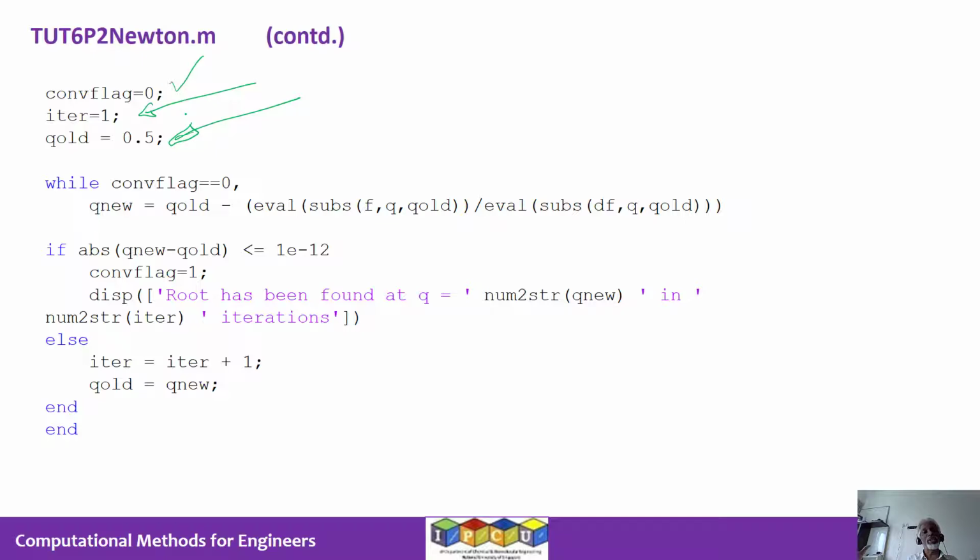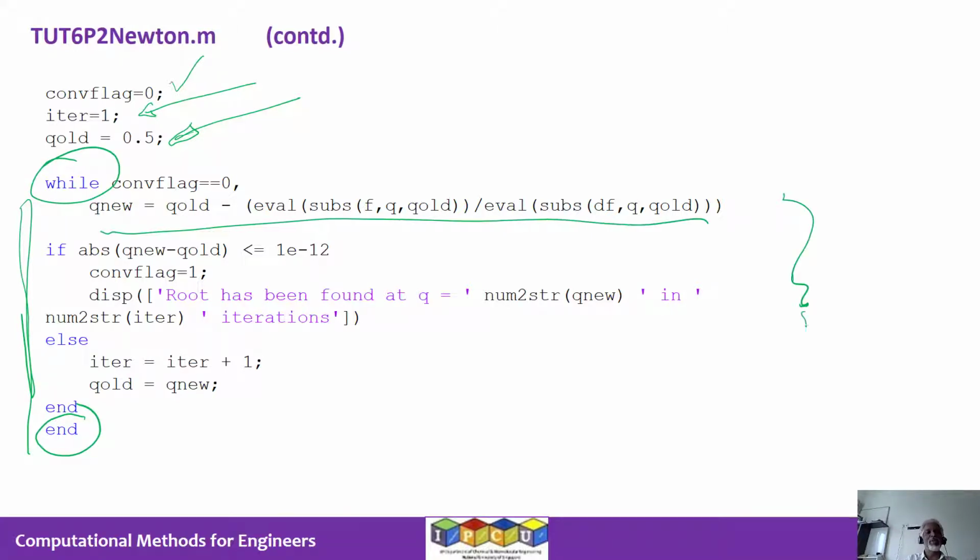So I've used an initial guess of 0.5. Now we are setting the stage for the Newton method to start. The Newton method will work inside this while loop. This end is for this while. So this whole thing is the Newton method.